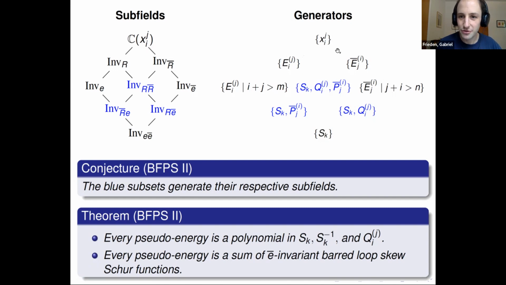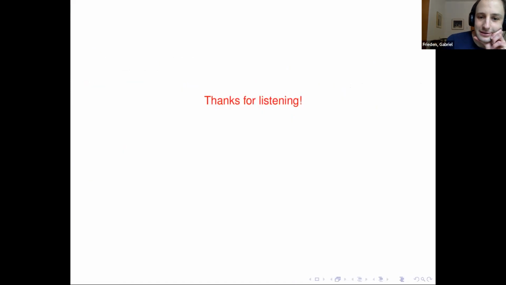There's a transpose version that's the ring of R bar invariants. And then everything else is a subfield of one or both of these. The ones in black, we're able to prove are generating sets, and the others are just conjectural. Okay, I'll end there.